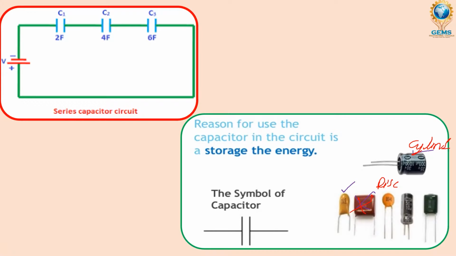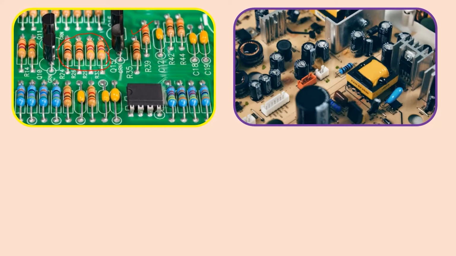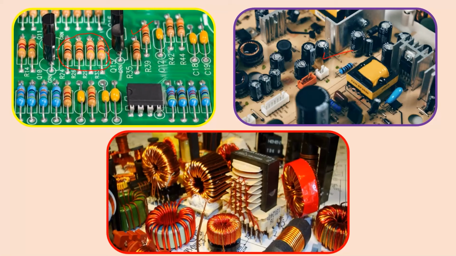Okay, if you see here, this is the practical application. In circuits, in manufacturing a computer or any digital equipment, we are going to use the capacitors. Here you can see how we are going to use the inductors in industry. And next, sorry, this is capacitors, and here you can see the inductors.